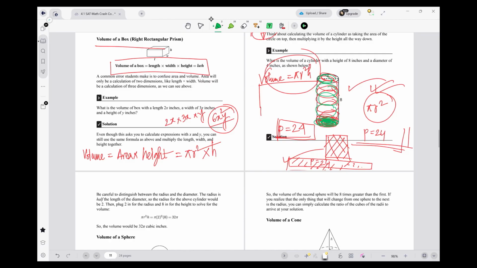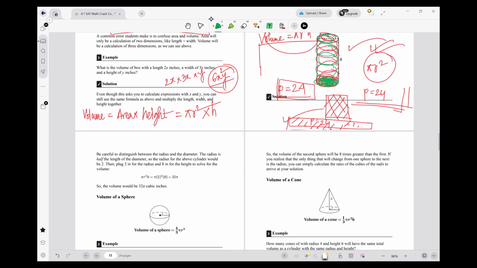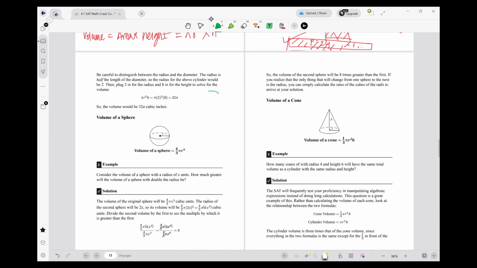If you just use your imagination, consider like this. For an example, you have this circle, this circle, this circle.